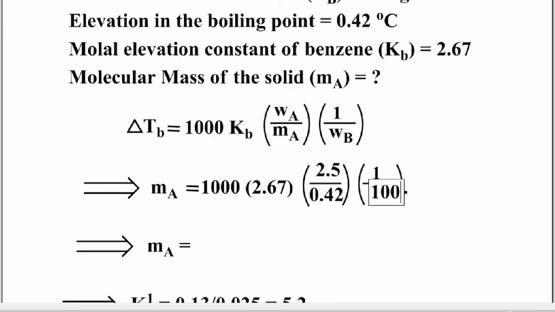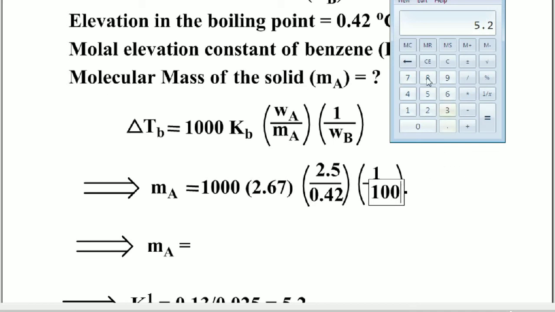On simplification we get 1000 into 2.67, that equals 2670, into 2.5, that equals 6675, divided by 0.42. We get 15892.8 divided by 100, we get 158.92.